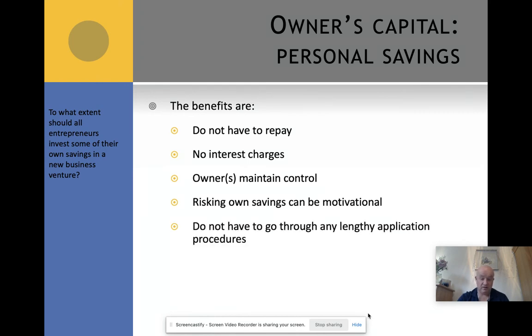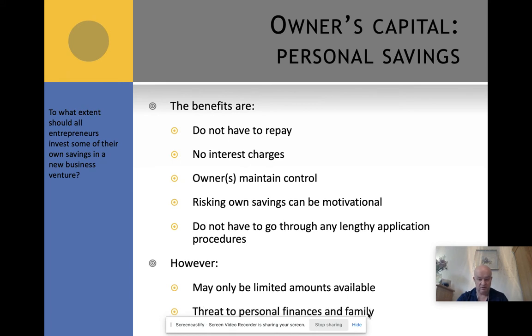You clearly don't have to go through any lengthy application procedures, because you choose to put that money into the business. You haven't got to agree it with anybody. You just put it in and use that money to run your business. However, one of the issues is that, unless you're very fortunate and have a bottomless pit of personal savings, at some stage you're going to be limited by the amount of spare capital you've got.